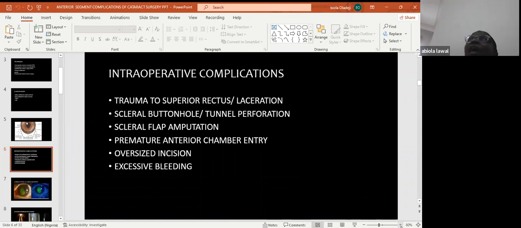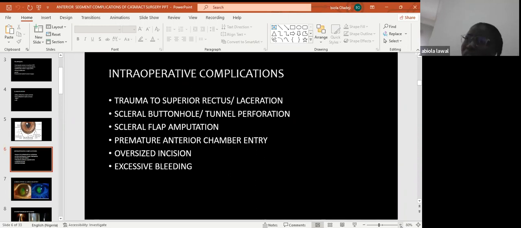One way to prevent some of these complications is to do a very good wet lab. Good practice of wet lab, tunneling with oranges, with different materials, makes it easier when you go in for surgery. Even skilled surgeons in the UK, like one of my consultants, told me that he had a consultant at some point that still does wet lab.